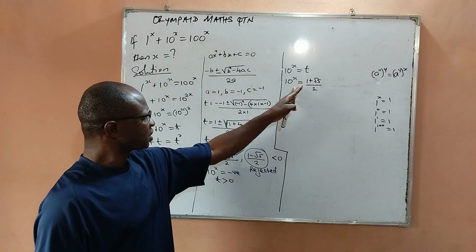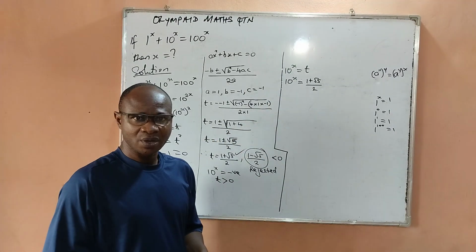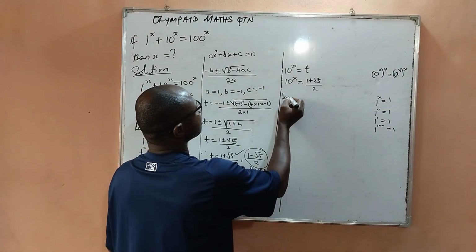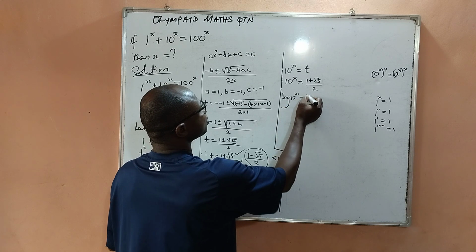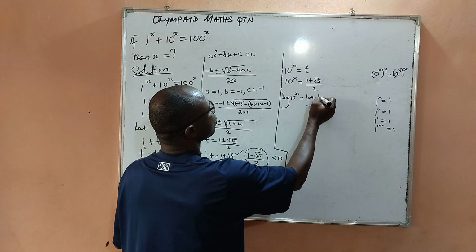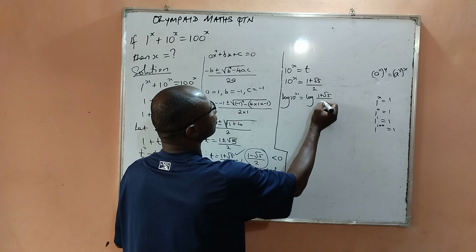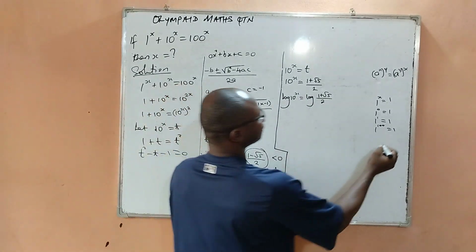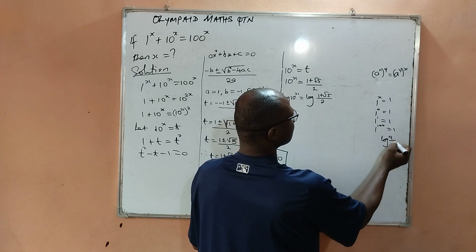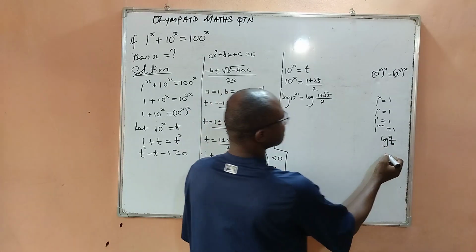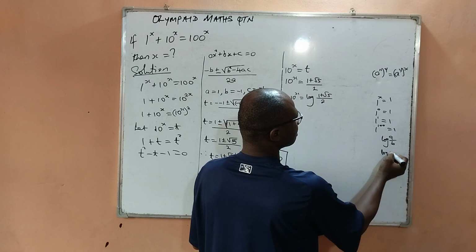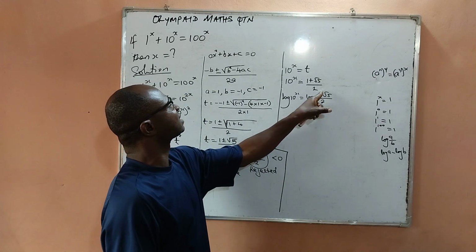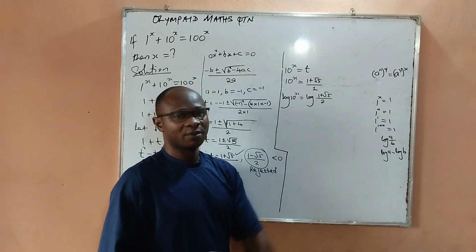Now, at this point, we can apply logarithms. We can apply logarithms to both sides of the equation. And that means the log of 10 raised to the power x is equal to the log of 1 plus root 5 all over 2. But note, if I have log a over b, it is the same thing as log a minus log b. So I'm going to split the right hand side into this formula.